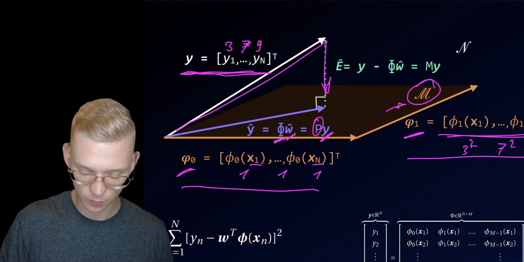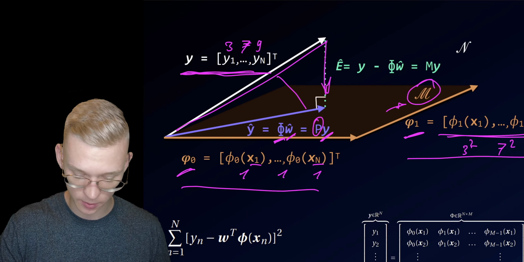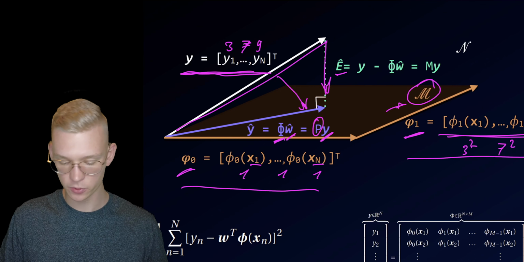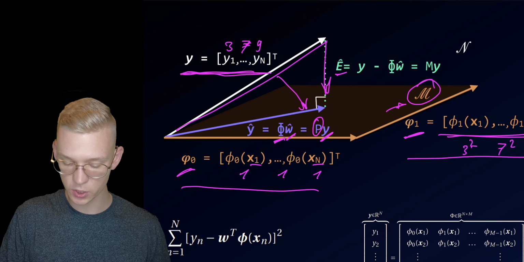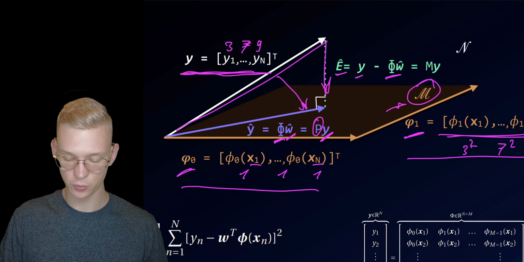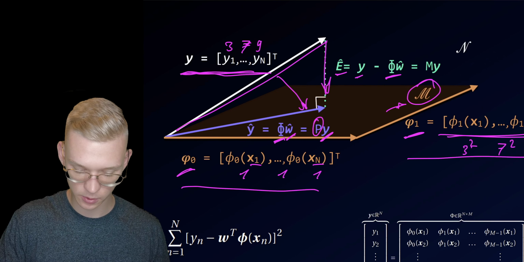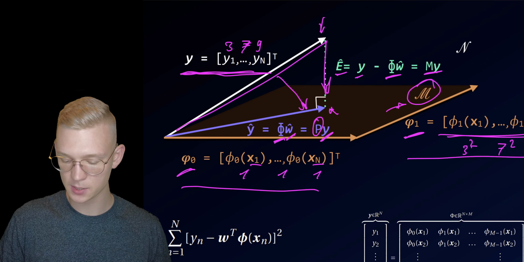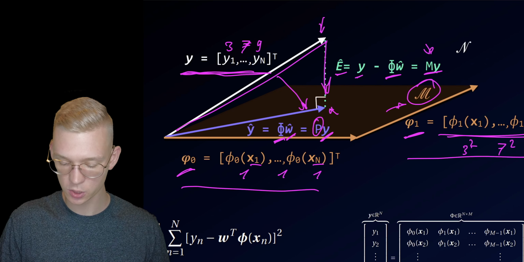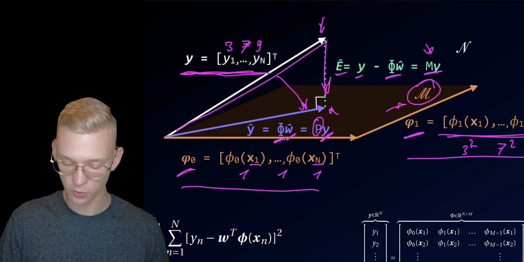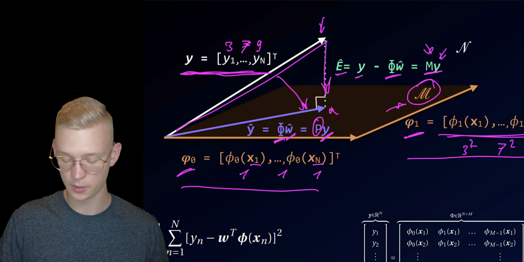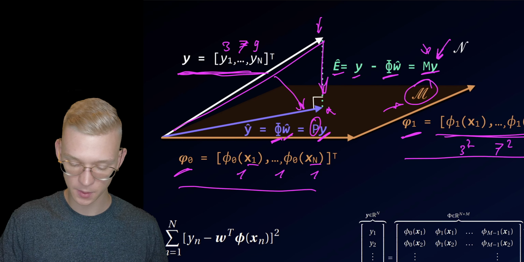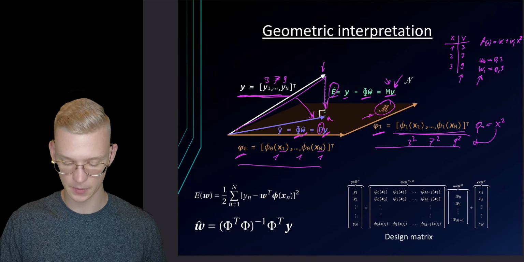We have a projection matrix where we project the true values into our plane, and we have an error vector, which is y minus the projected vector. This is again a projection matrix M that projects our true values into a new vector that is the error vector.